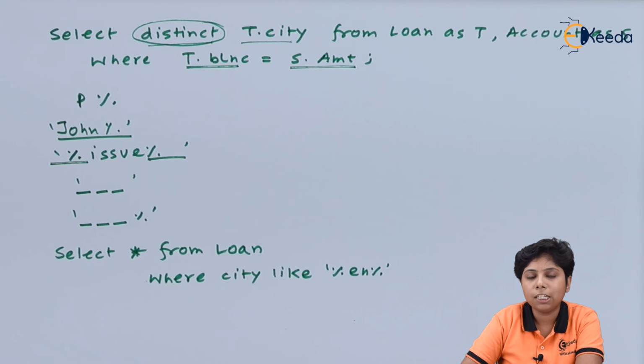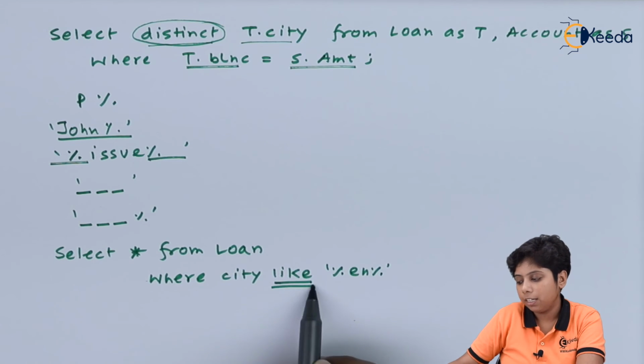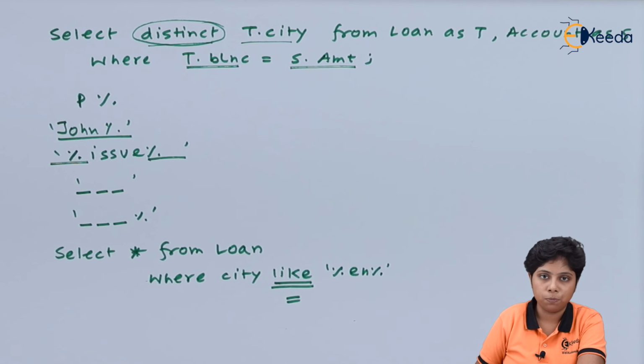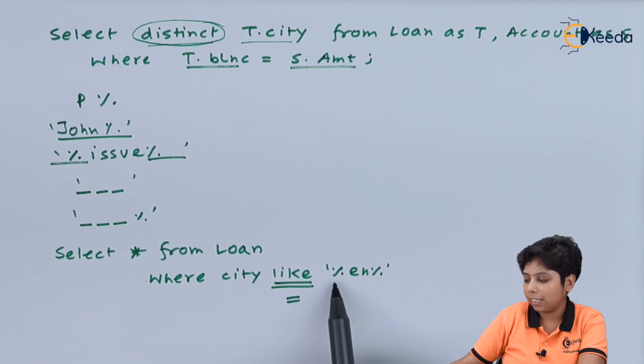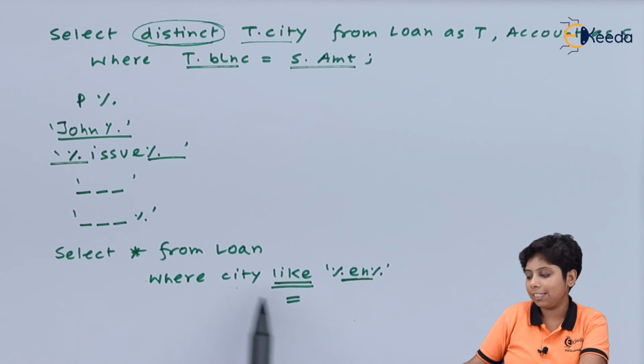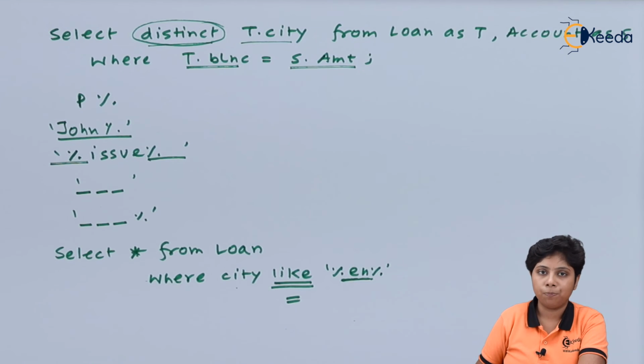See, we are using the keyword like, which is used in place of the equals sign. So we are searching for a city where the 2 characters en lie anywhere inside the word. Anything before en and after en is allowed. So like is being used instead of city equals this one.